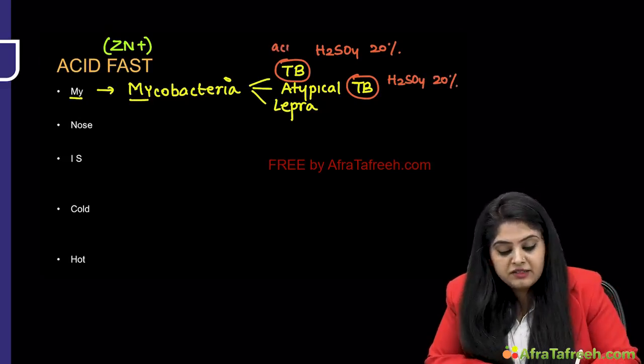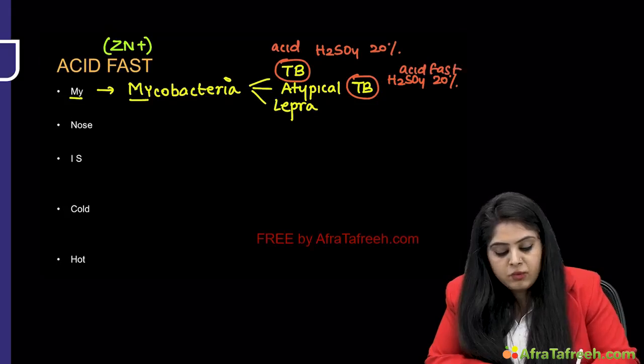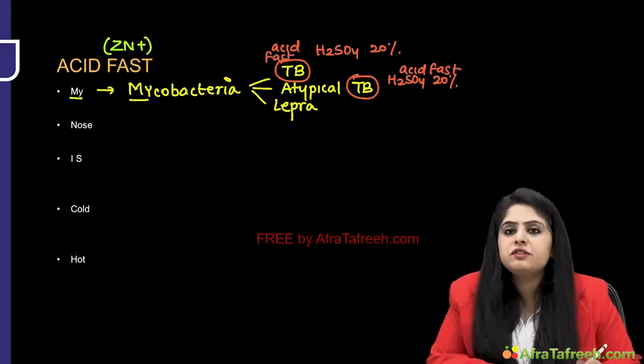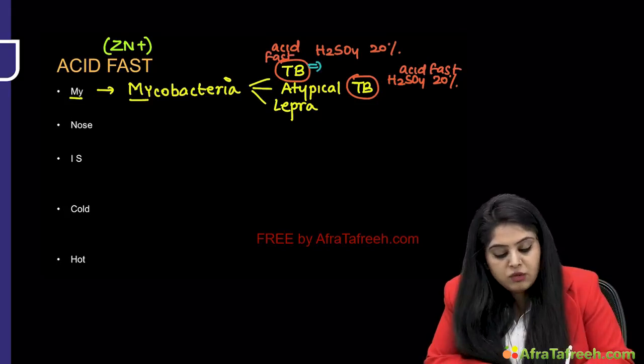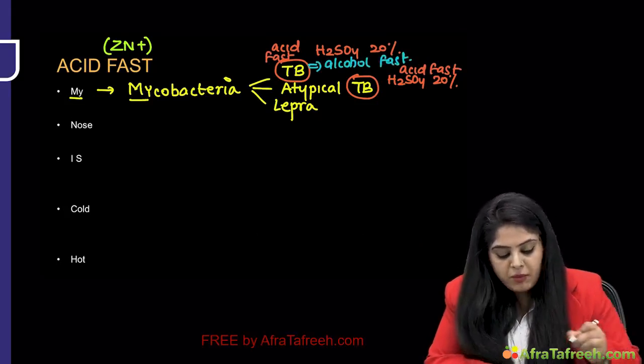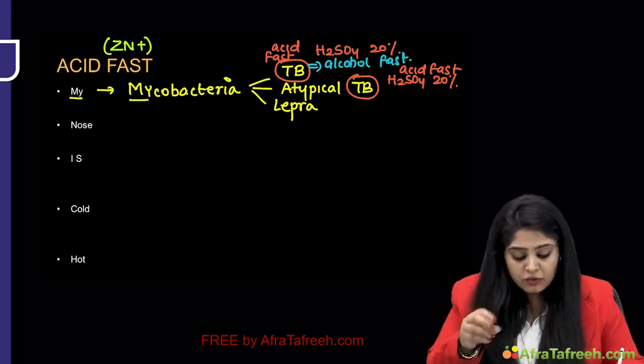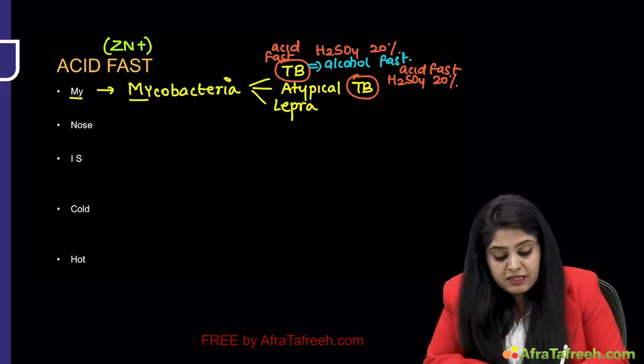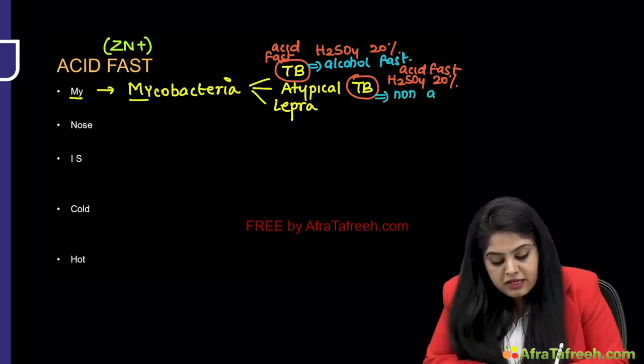Both of them are going to be acid fast. So what is the difference? TB is also alcohol fast, meaning if you treat it with alcohol, typical TB can also be alcohol fast, whereas atypical TB is non-alcohol fast, or just acid fast.